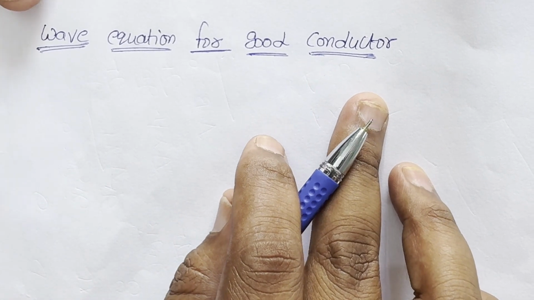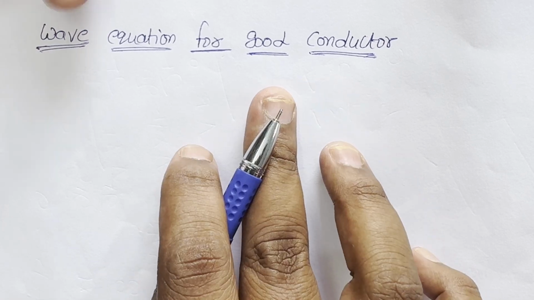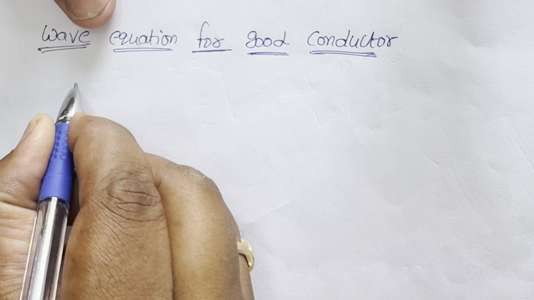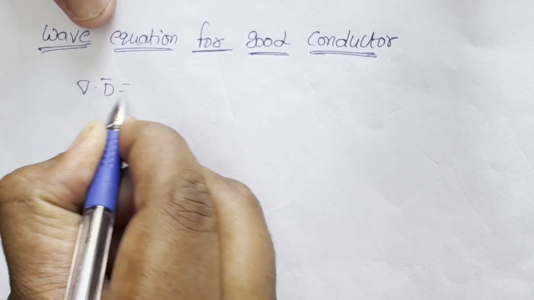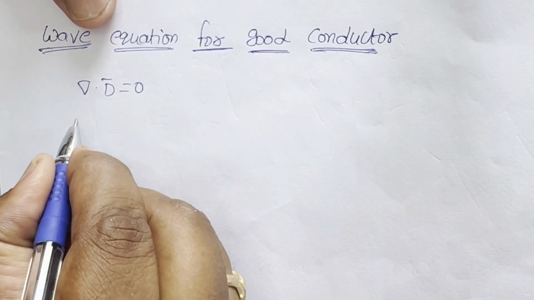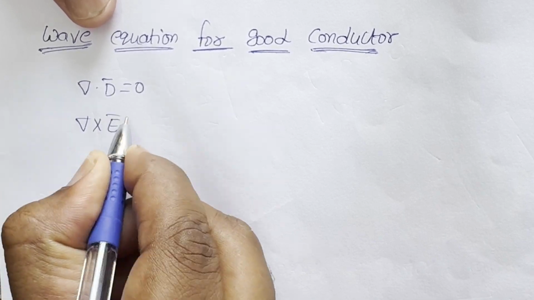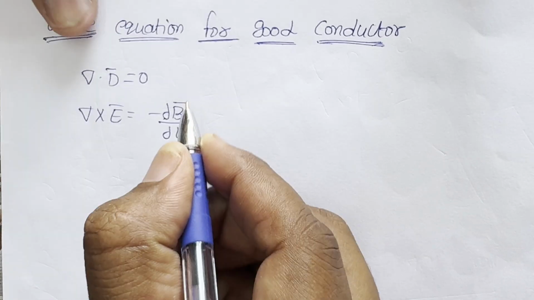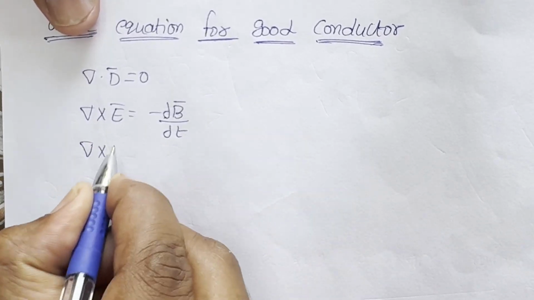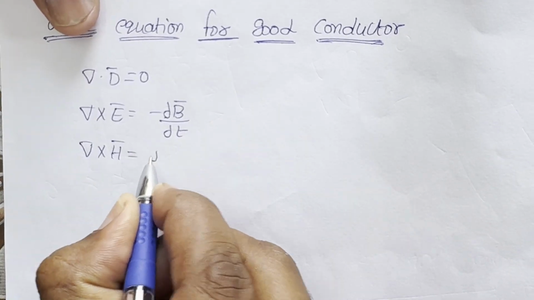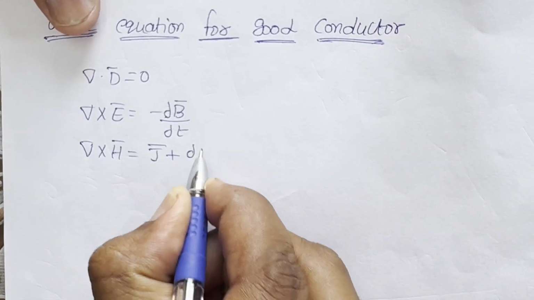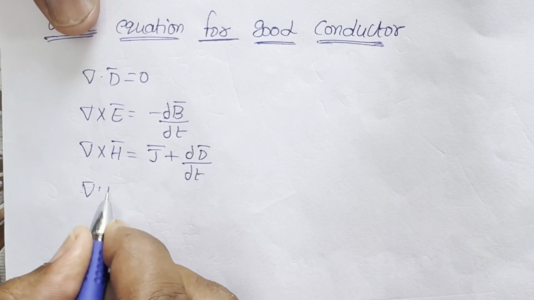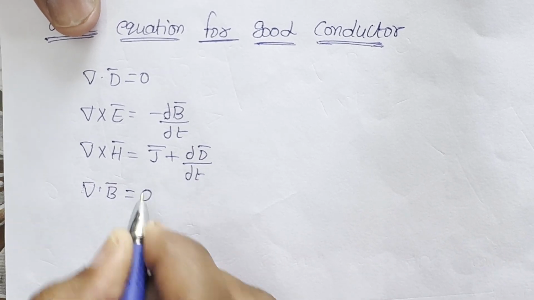In case of good conductor, the Maxwell equations can be written as del dot D bar equal to 0, del cross E bar equal to minus dou B bar by dou t, del cross H bar equal to J bar plus dou D bar by dou t, del dot B bar equal to 0.